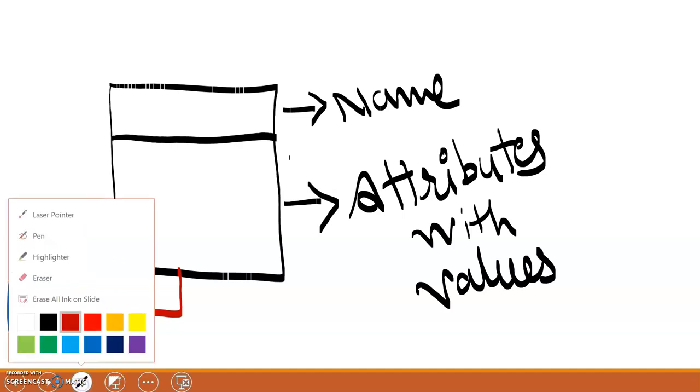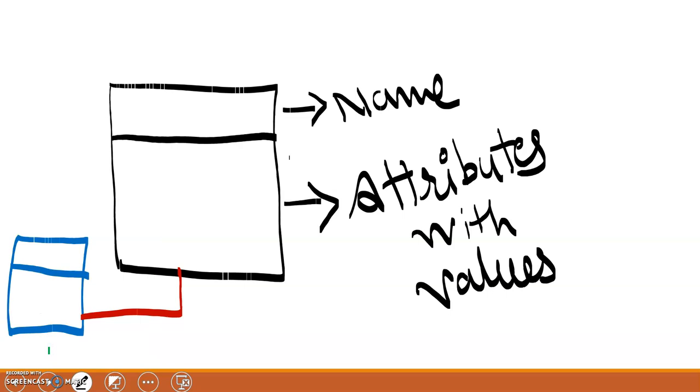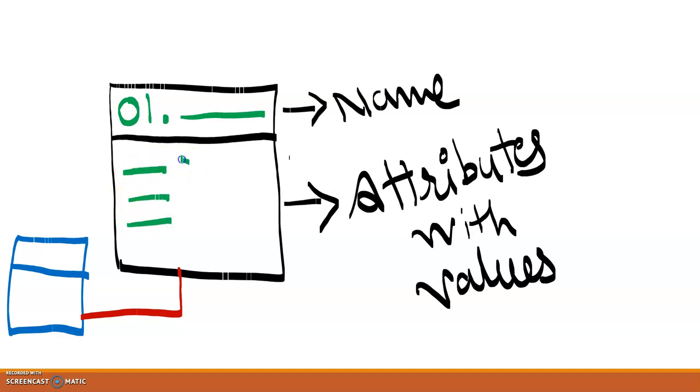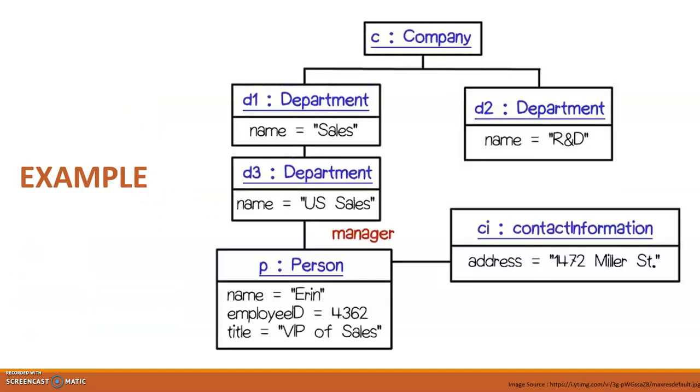One more thing, when we write the name of the object, let's say O1 is the name of the object, then a dot and the name. Then here we can write all the attributes along with their values. So this is the format to draw the object diagram.